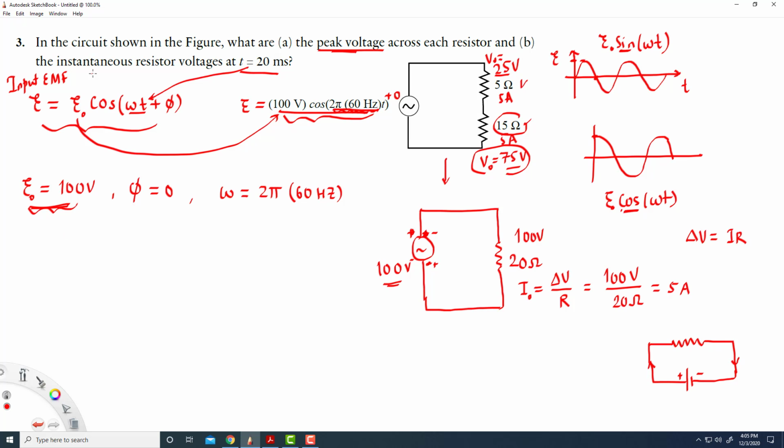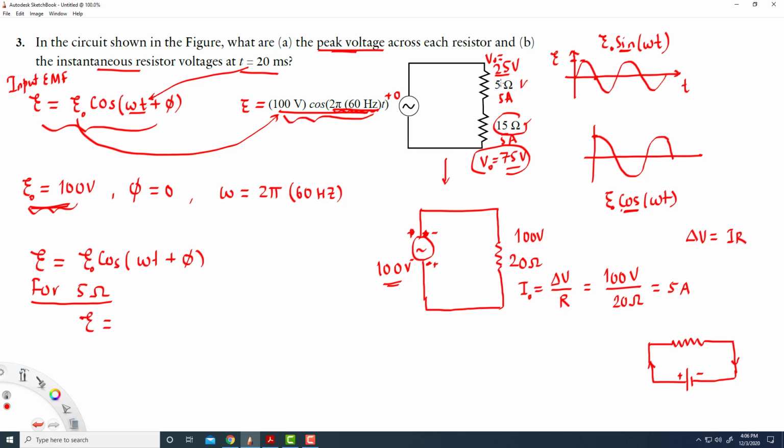Part 2 is asking for the instantaneous voltage, and we know instantaneous voltage E is given by this expression E naught cosine omega t plus phi. So for 5 ohm resistor, E would be E naught.